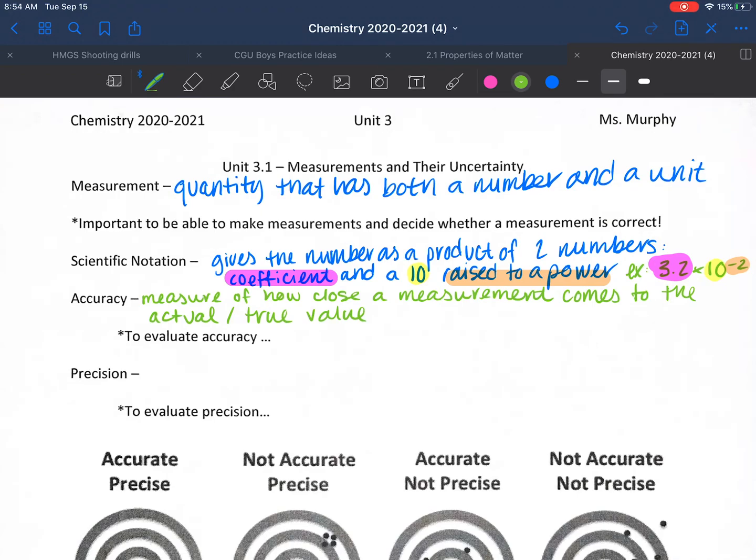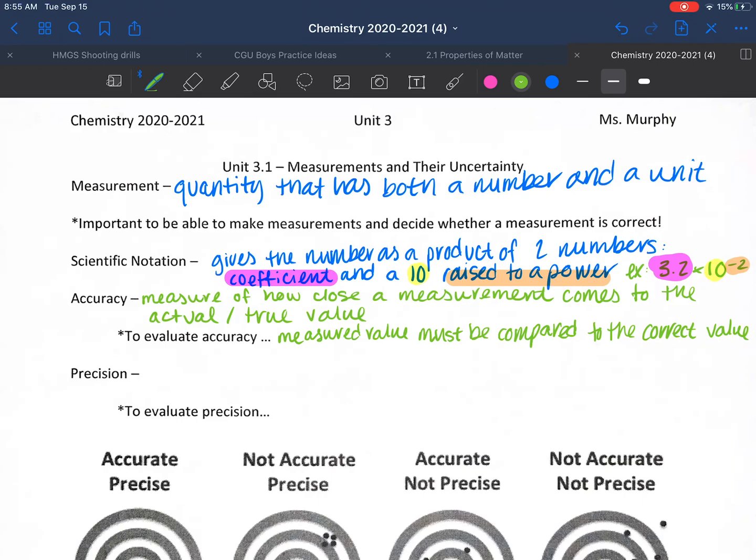And so if we're going to evaluate accuracy, we must take our measured value and compare it to the correct value. So this actual or true or correct value, there's a few ways to say it, but it all means the same thing, which is this value has been determined through multiple studies and comes from a reliable source.